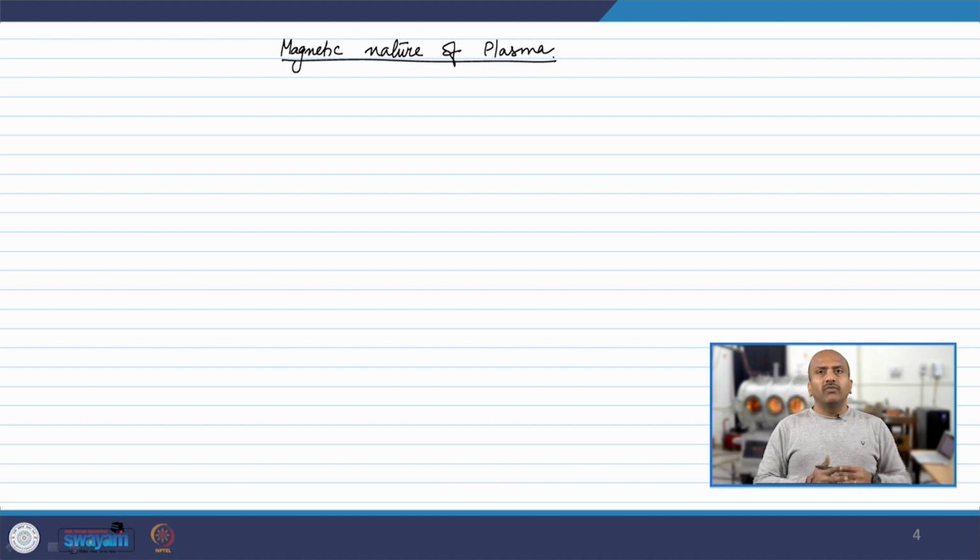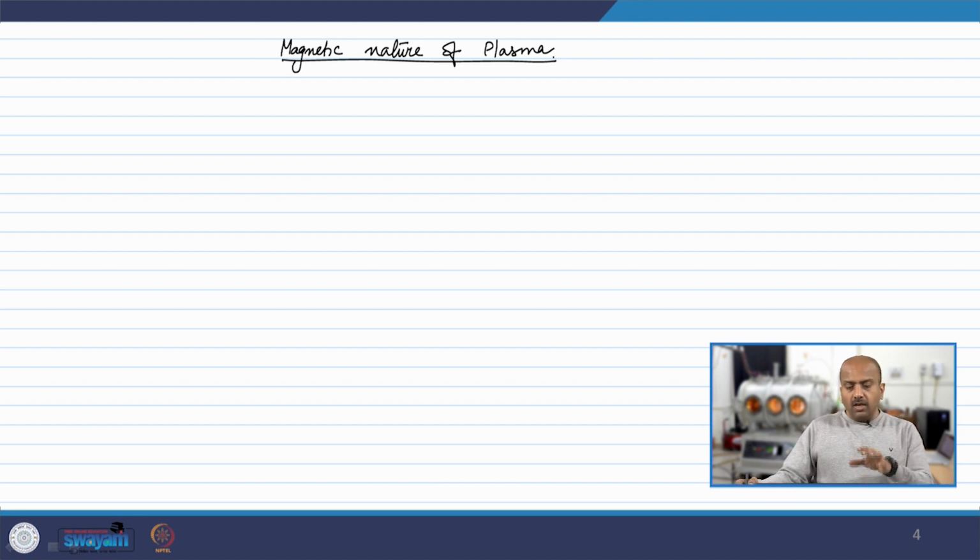The definition of these is basically dependent on the behavior of this material when subjected to an external magnetic field. If it gets strongly magnetized, you call it a ferromagnetic material, and so on, right.